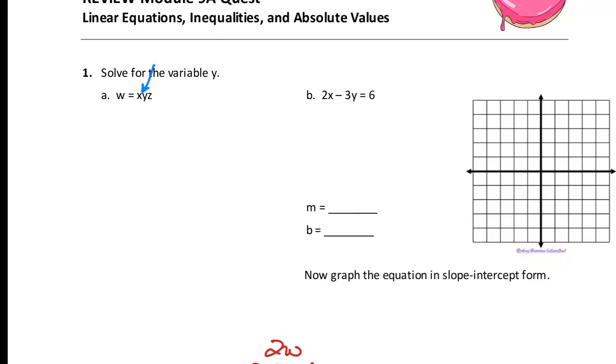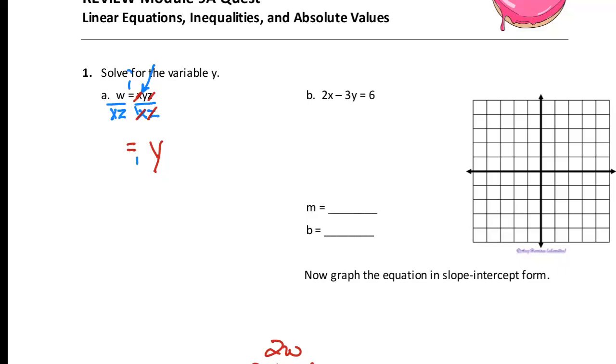So to undo that multiplication, I should divide. I want to keep the y, so I'm going to divide by xz. And whatever I do on one side, I have to do on the other side of that equal sign. So I'm going to divide w by xz. The x and the z on the right are going to simplify out, and I'm just left with y.